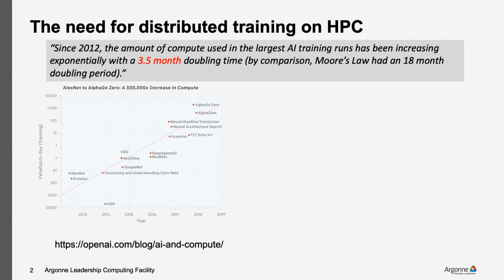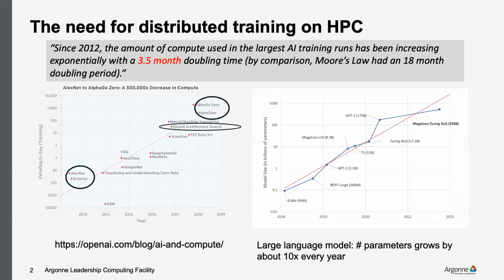If you compare that to Moore's law, which doubles every 18 months, this is essentially 5 times faster. So the amount of compute is growing 5 times faster than the computing resources. That's why we need to do things in a large-scale way.